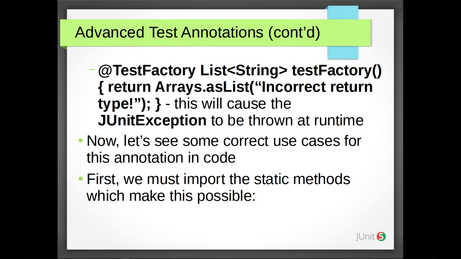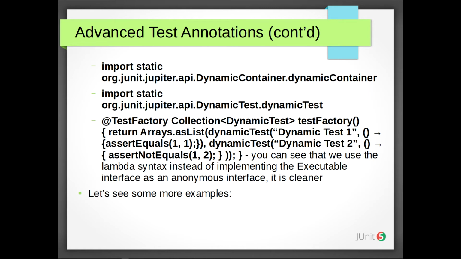Now let's see some correct use cases for this annotation in code. First, we must import the static methods which makes this possible. And please write it out after I have spoken this. Import static org.junit.jupiter.api.DynamicContainer.dynamicContainer.